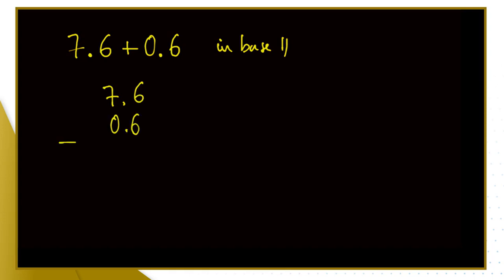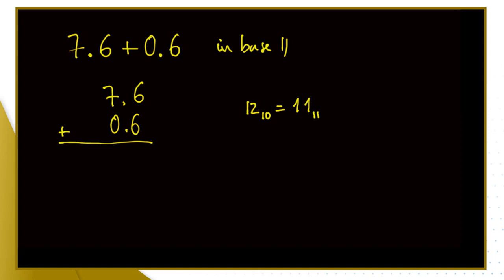So let's look at an example of addition. Let's do addition in base 11. 7.6 add 0.6 in base 11. We're going to stack the numbers one on top of the other and do the addition. 6 plus 6 is 12. 12 is one more than our base, so 12 in base 11 is going to be 1 times 11 plus 1.